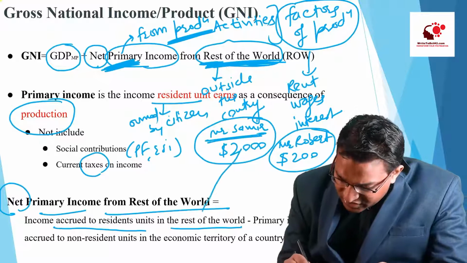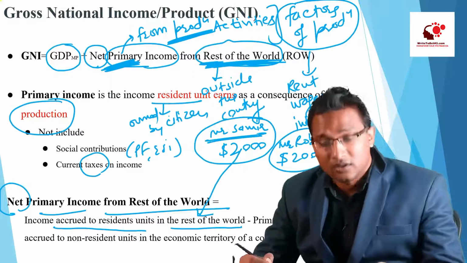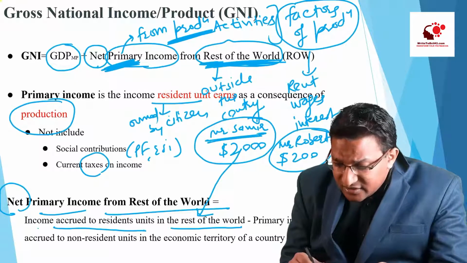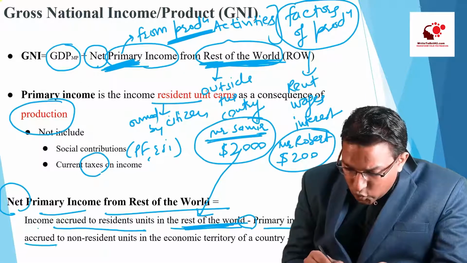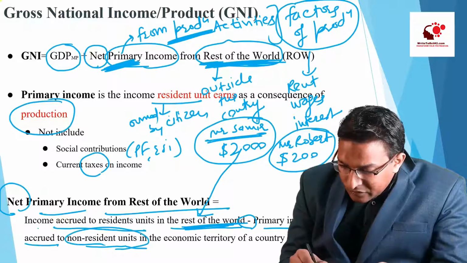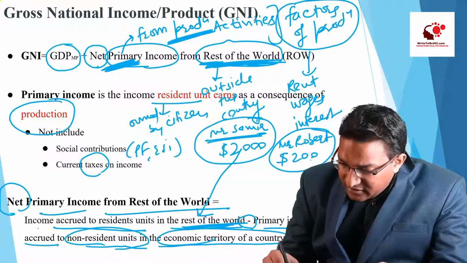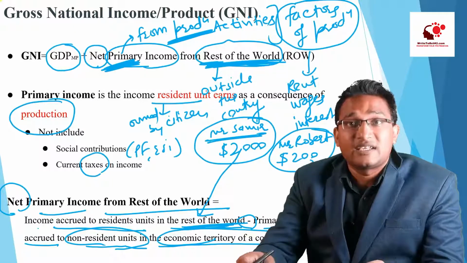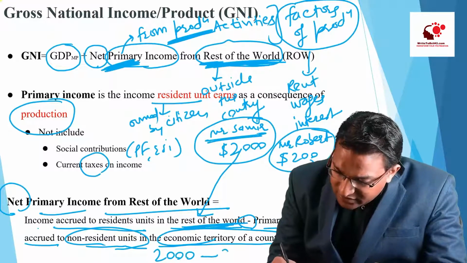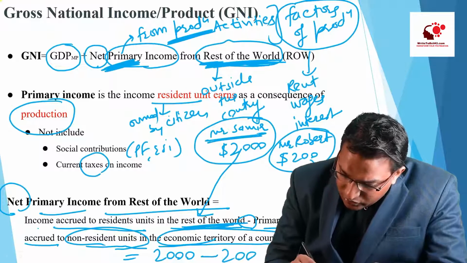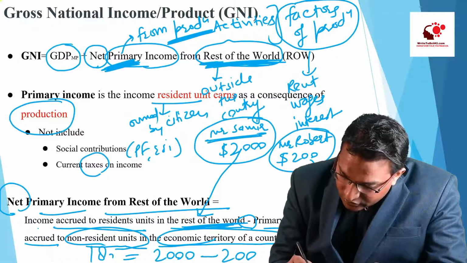So this is the income of Mr. Samir, $2,000. Income accrued to resident units in the rest of the world minus the primary income accrued to non-resident units in the economic territory of the country. This is the income of Mr. Robert. So in this case, the net primary income from rest of the world will be 2000 minus 200, which is equal to $1,800.